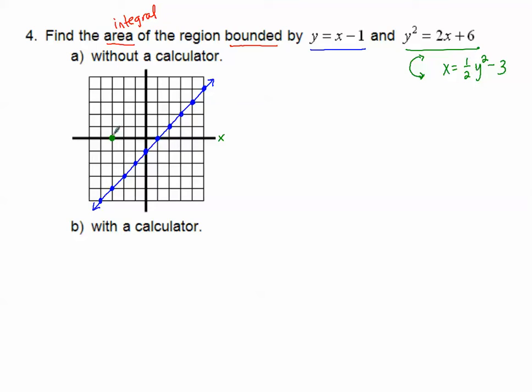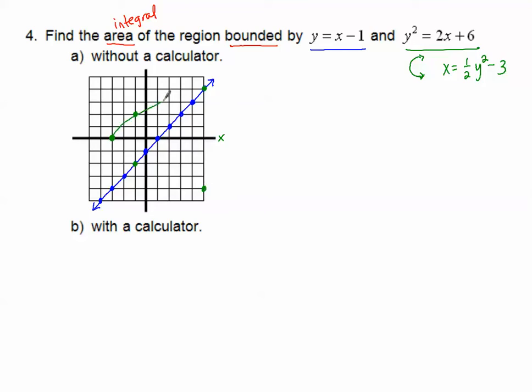If I normally go 2 out and 2 squared is 4, half of 4 is 2. Same thing down here. If I normally go 4 out and 4 squared is 16, half of 16 is 8. 1, 2, 3, 4, 5, 6, 7, 8. And same thing symmetrically down here.